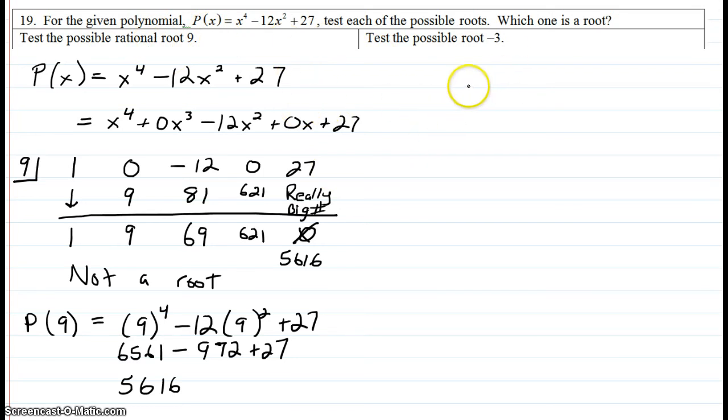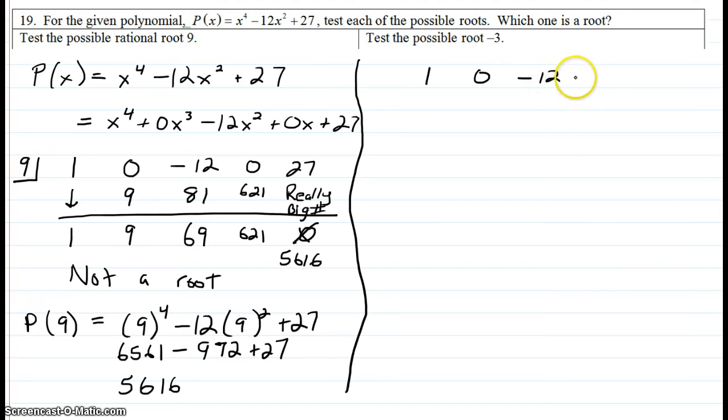Now before you just say, oh well, -3 is a root, you never know. Don't know until you try it. So you've got to have the work to prove your answer. So we can use the same coefficients over here: 1, 0, -12, 0, 27.